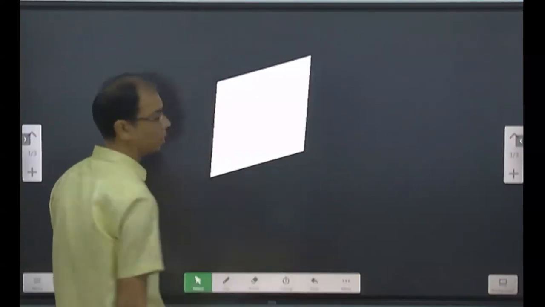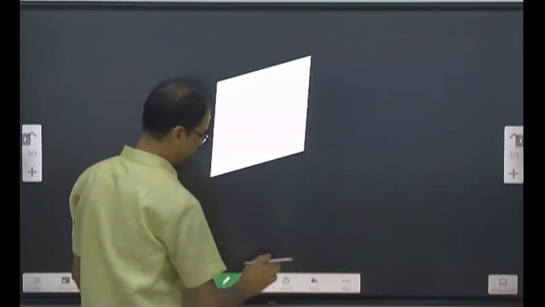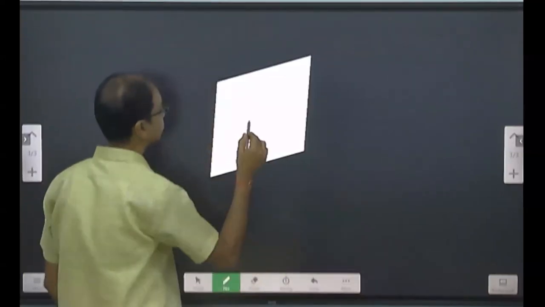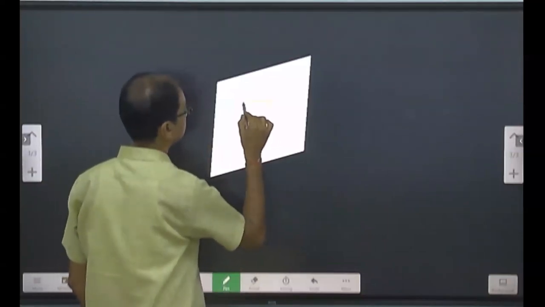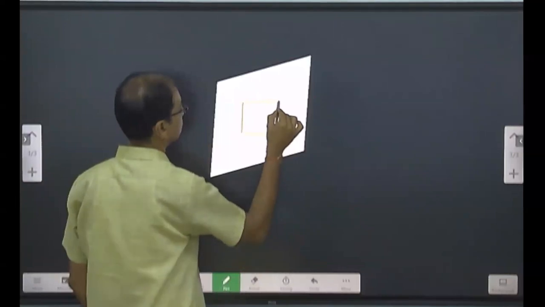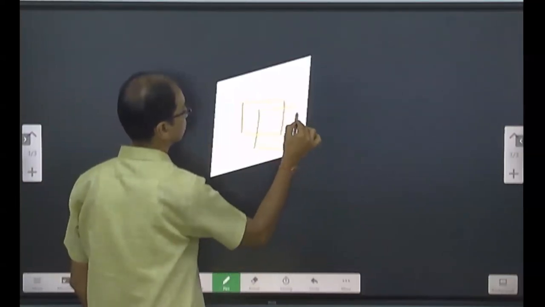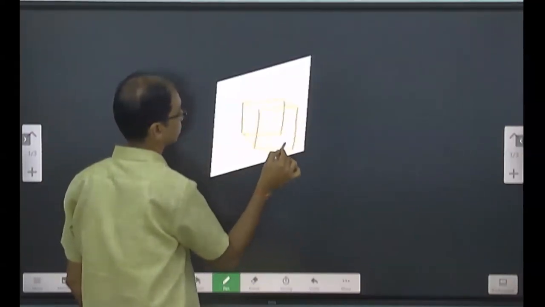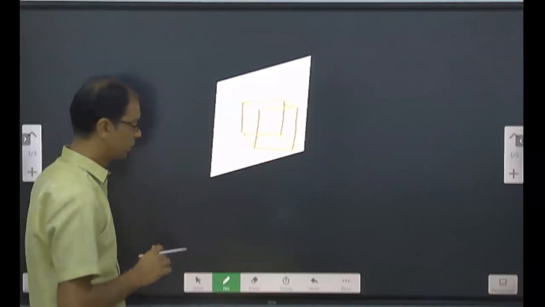Suppose this is a wall. On the wall, I am making one box here. There is a box like this. Is it visible to you? I think it's not visible.